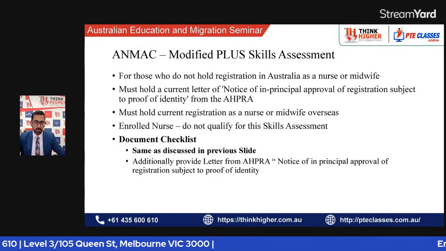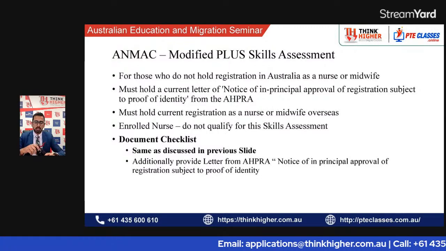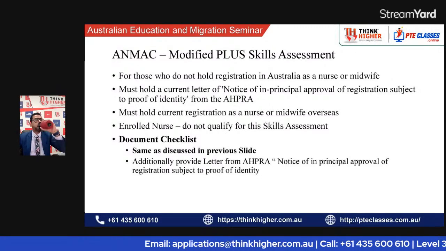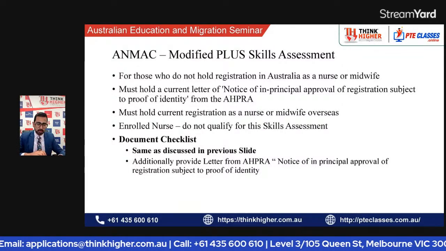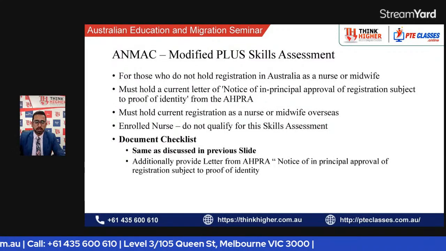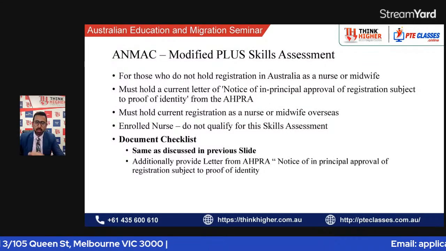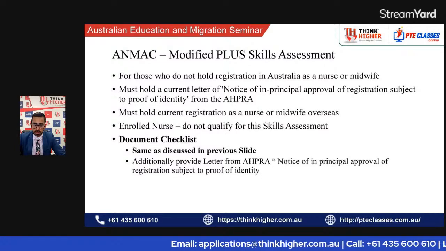Let's go to the next slide, please. Now, the second stream which we have discussed is the modified plus. Sorry, team. So NMAC modified plus skill assessment. For those who haven't studied in Australia or New Zealand, they can apply for a modified plus skill assessment.